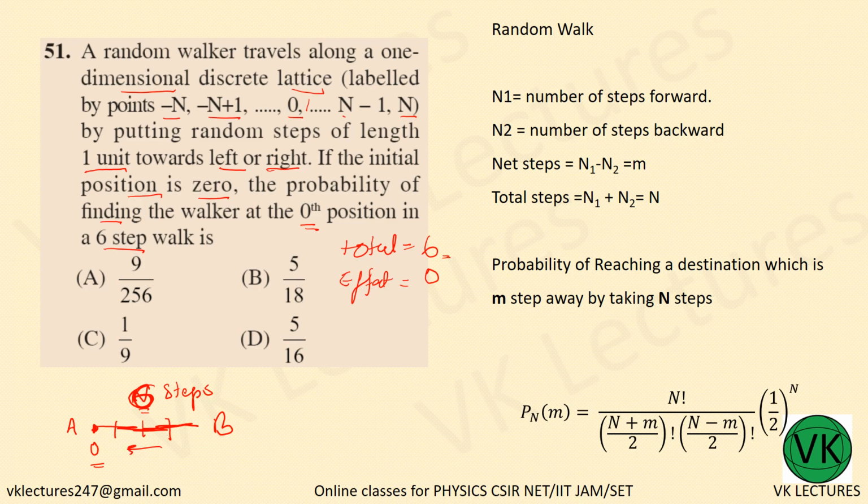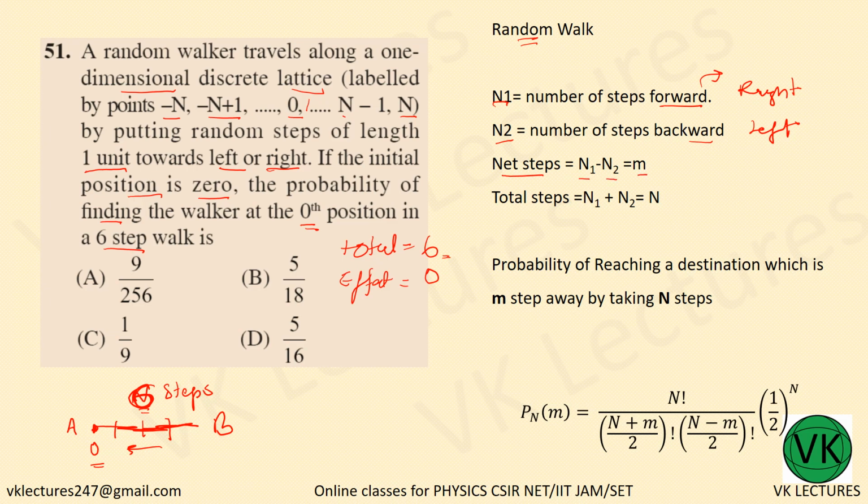Now, some ideas about the random walk. If n1 is the number of steps forward, which with respect to this question you can write as towards right, and n2 is the number of steps backward, towards left, then the net steps is n1 minus n2, which is equal to m.